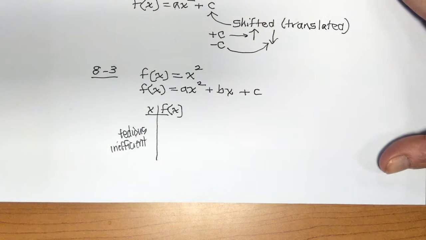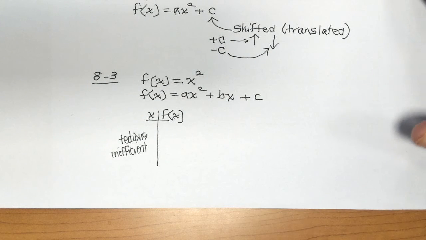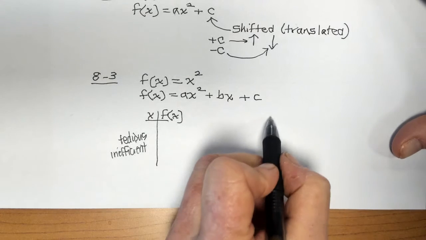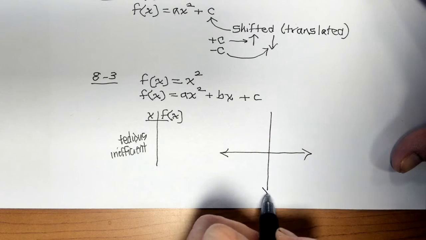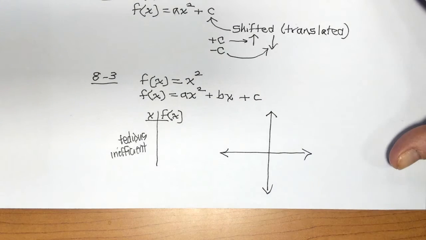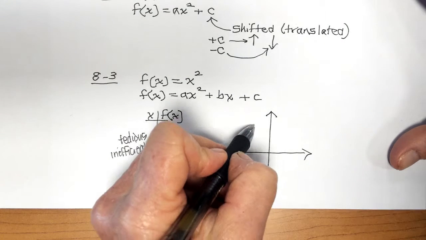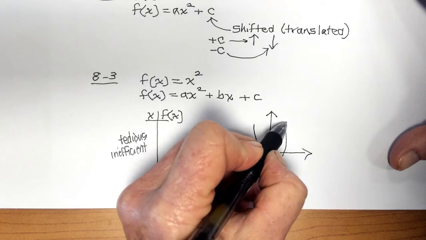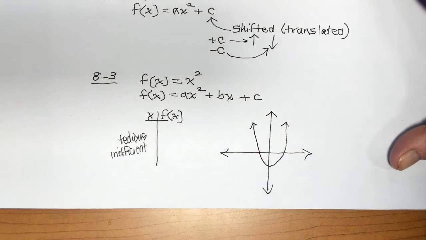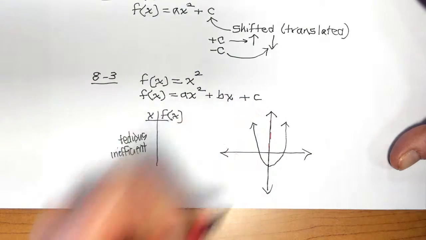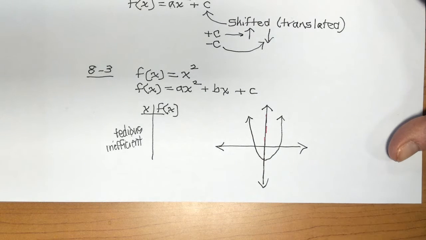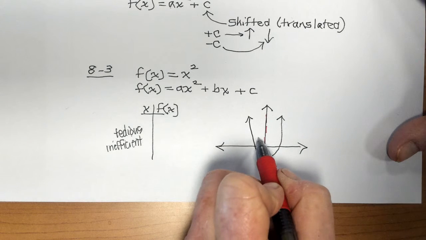And we're going to learn in 8-3 a nice shortcut. I want you to just think for a moment, if I were to draw a coordinate plane, and we know from the coordinate plane that when I draw a parabola, we learned that we have this axis of symmetry that goes right down the middle of our graph, or parabola, and it splits this in half.